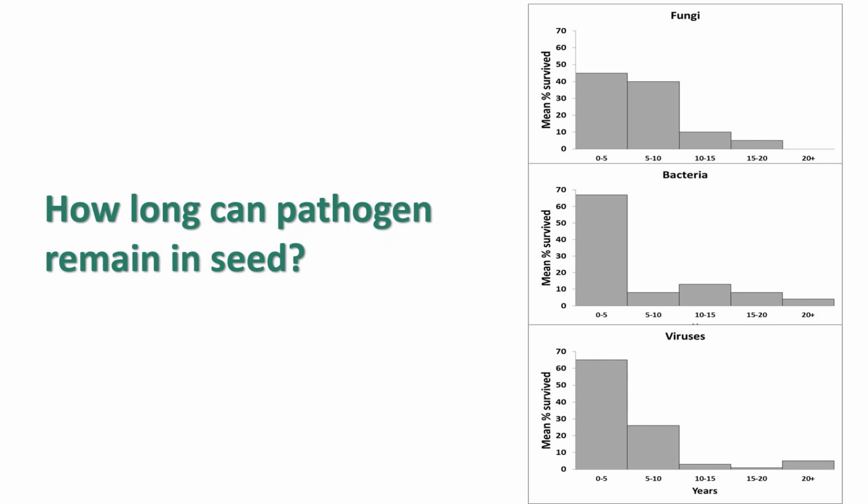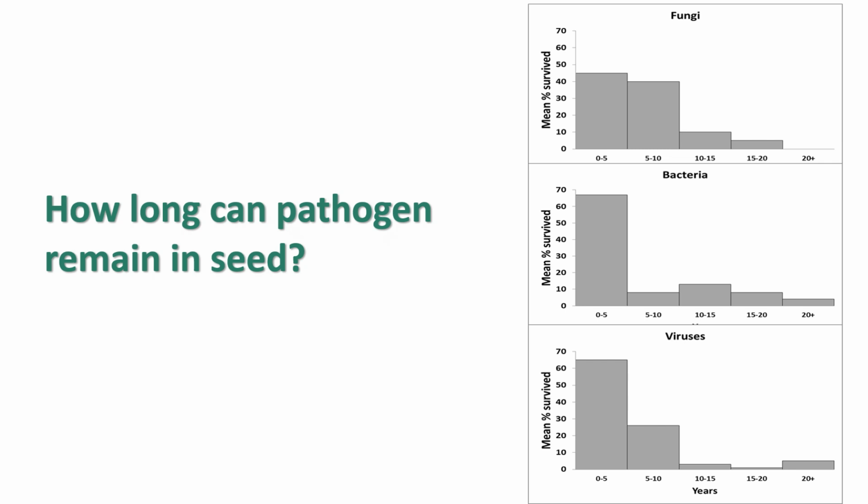And finally, the viruses in the bottom graph show a very interesting pattern. Most survive only up to 5 years, but a small fraction remains infectious for a very long time, even beyond 20 years. And this is one of the aspects that makes viruses particularly critical for seed health management.